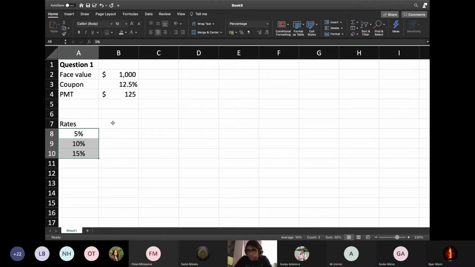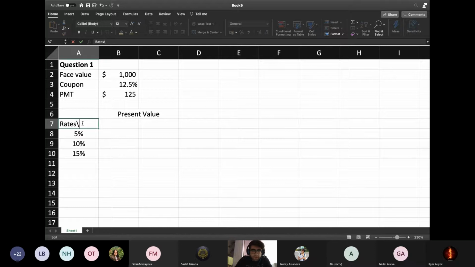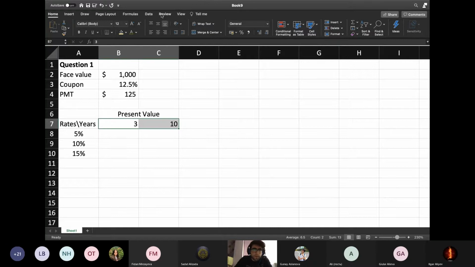Okay. Then the interest rate, let me merge it. Present value. And we also have years here, 3 years and 10 years.